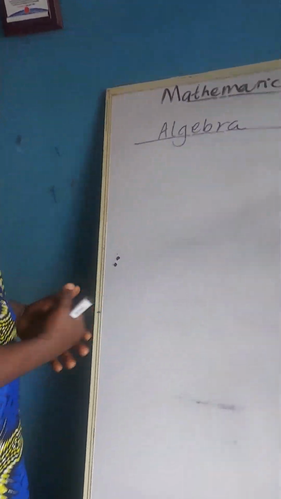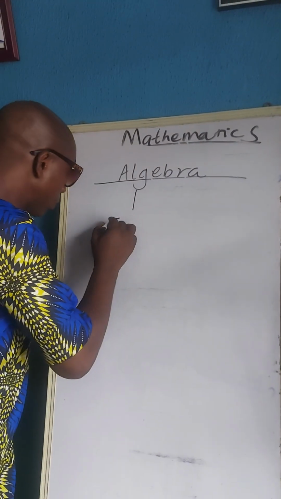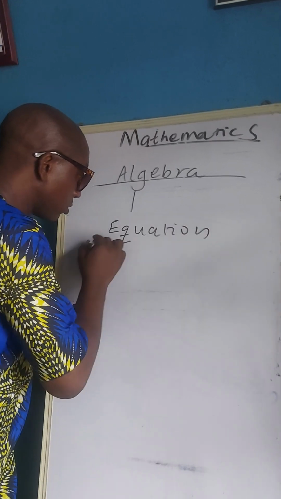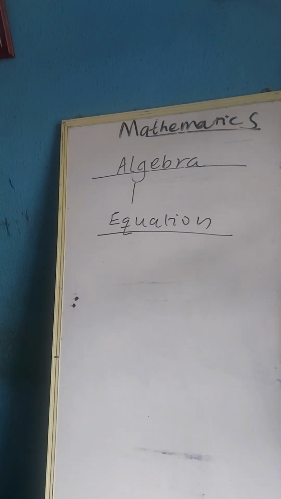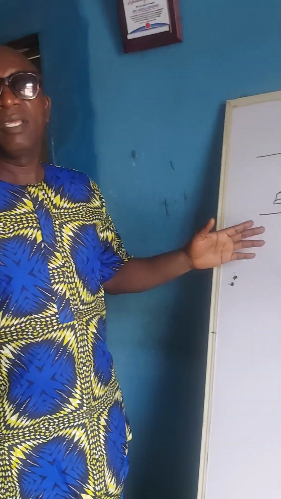So far you are struggling in mathematics, follow me, you will know that mathematics is very simple. Algebra, equation. Equation is a branch of algebra.